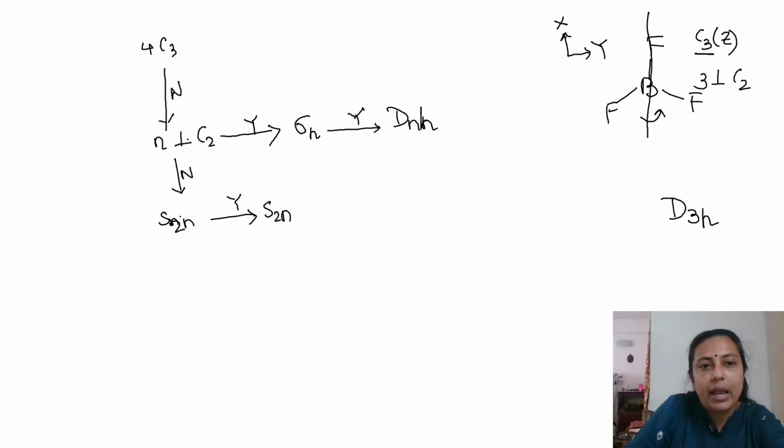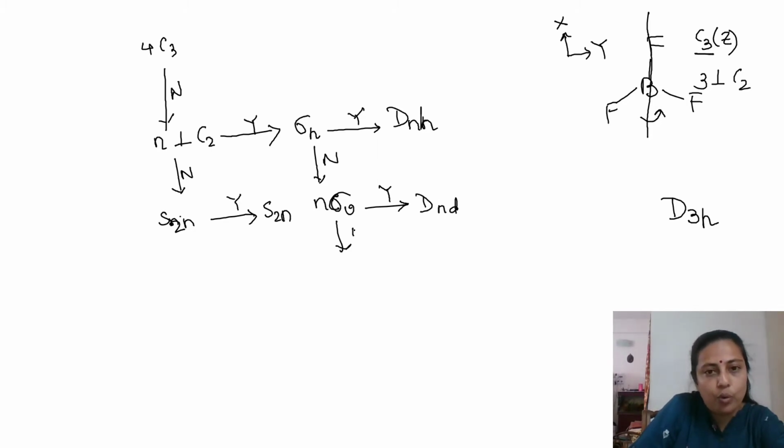If it is having n perpendicular C2s but there is no sigma h present, then look for whether this is having n sigma v or not. If yes, then the molecule would be Dnd group.